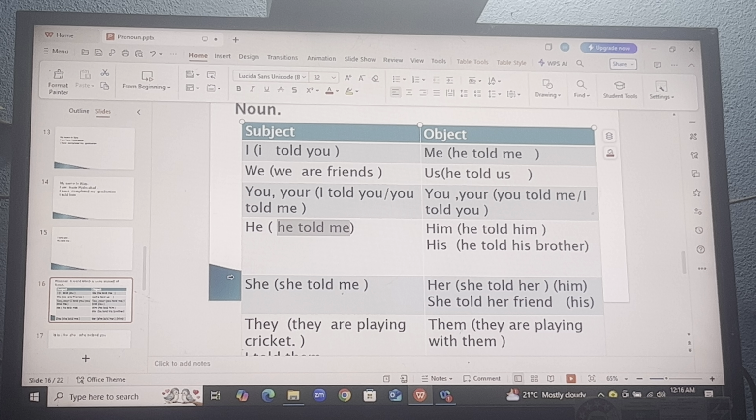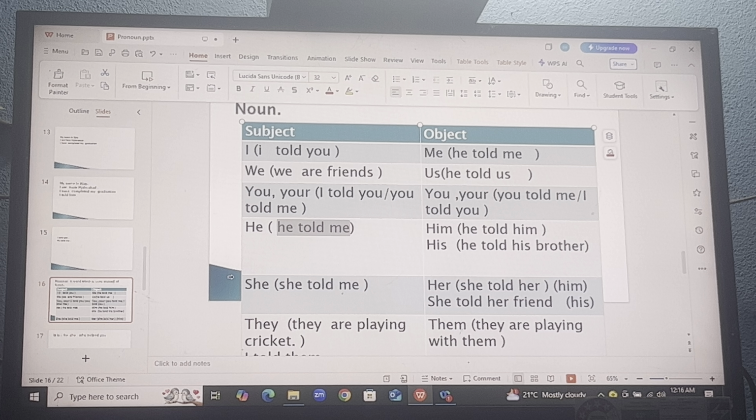So in our syntax topic, as we have seen, in order to start a sentence we require a subject. So subject is nothing but the word with which we begin the sentence. As you can see, we can begin the sentence with I, you, he, she, they, and even it.